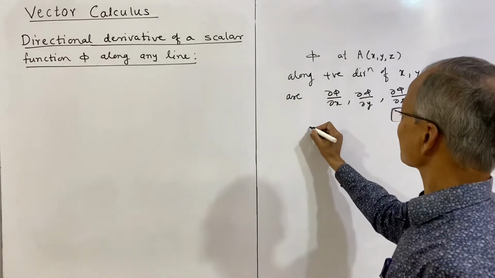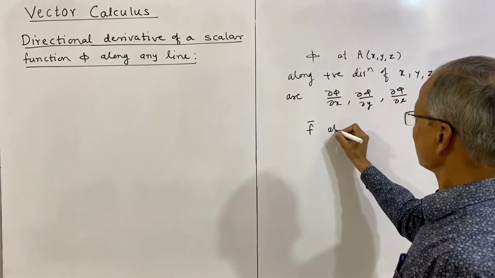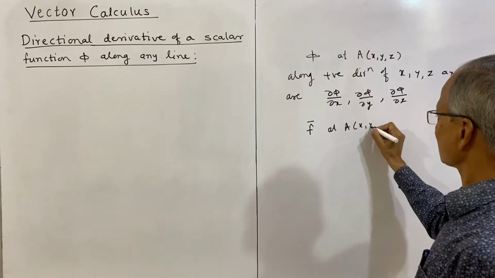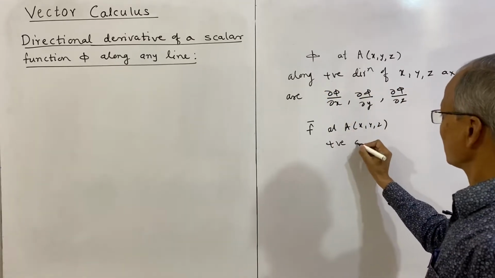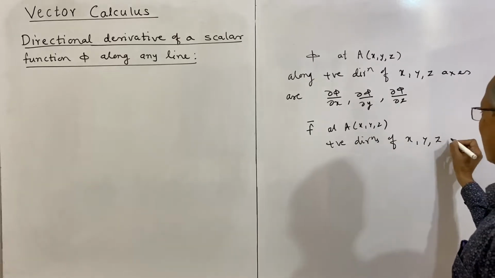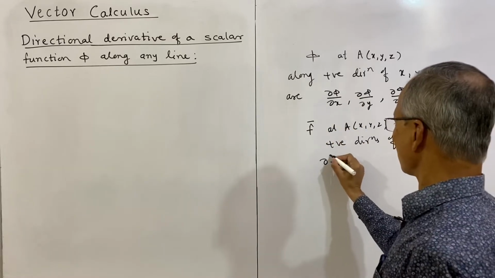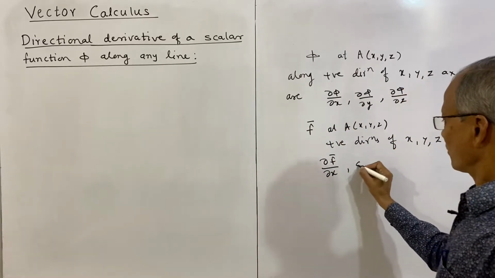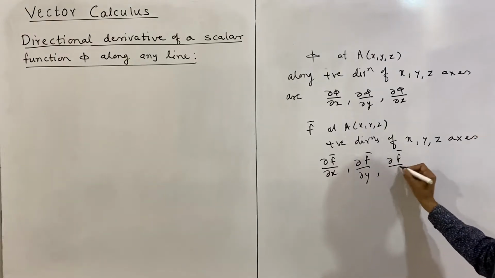Similarly, the directional derivative of f bar at a point x, y, z along the same positive directions of the x, y, z axes will be dou f bar by dou x, dou f bar by dou y and dou f bar by dou z.